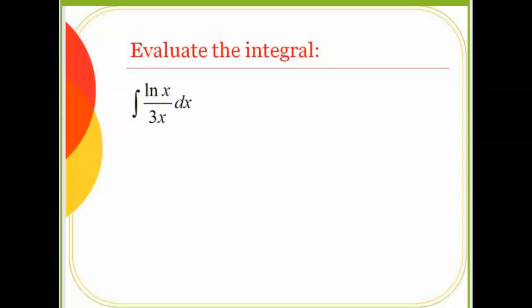So if you only make it the x of the ln, then you're not going to be able to get rid of the x in your denominator. So we're going to say u is the natural log of x. So its derivative is 1 over x dx.